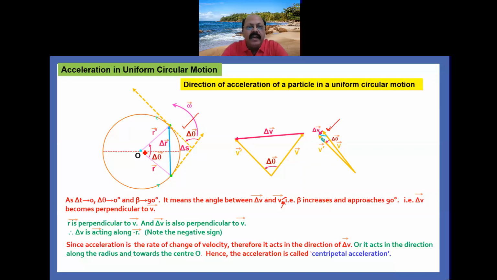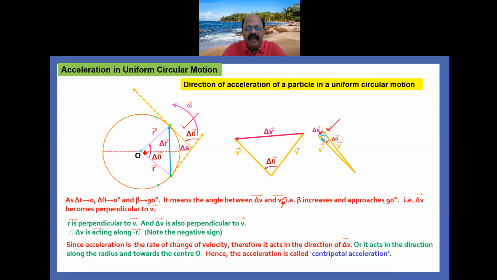So, what is centripetal acceleration? Centripetal acceleration is the acceleration of a body, object, or particle moving on a circular path with constant speed. The acceleration that acts along the radius towards the center of that circular path along which the body is moving with constant speed is known as centripetal acceleration.